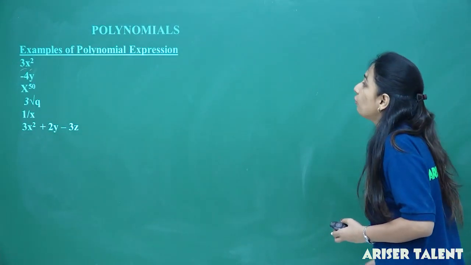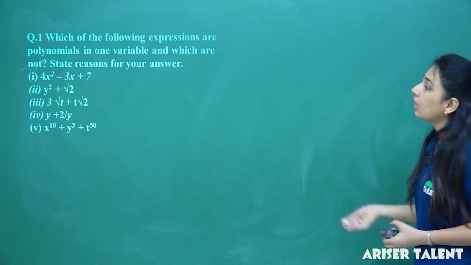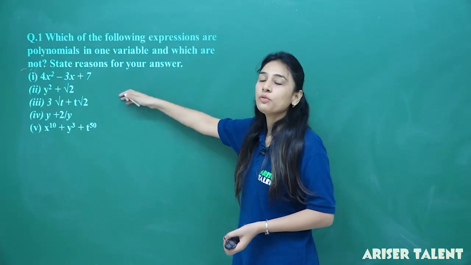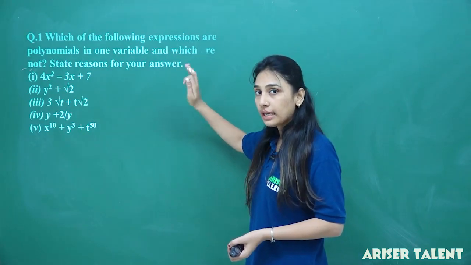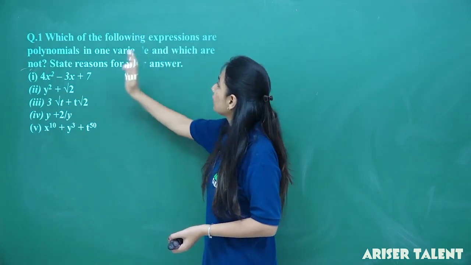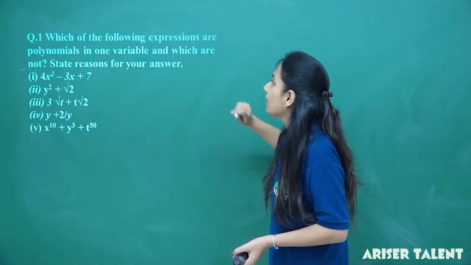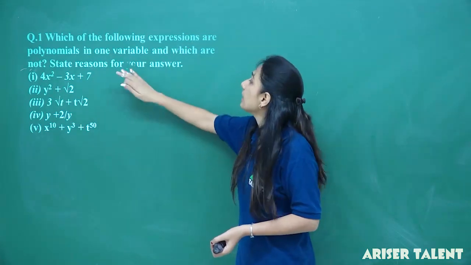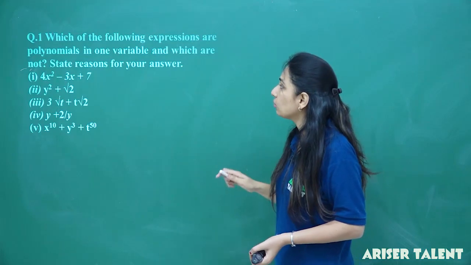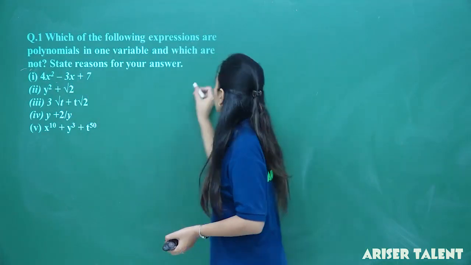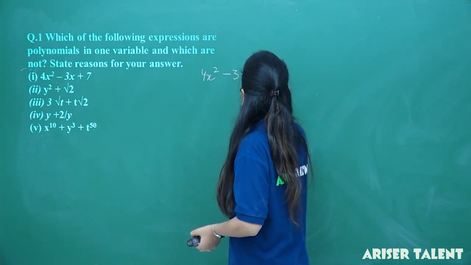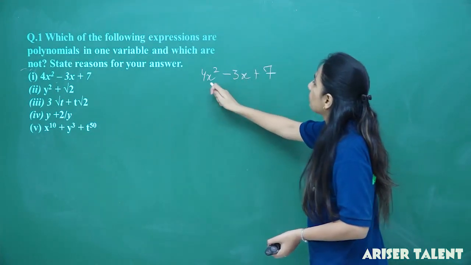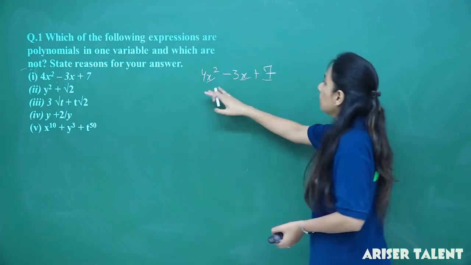Okay students, moving forward. Now you have done this question before in your class 9th. Which of the following expressions are polynomial in one variable and which are not? State reason for your answer. So look at this one. 4x square, 3x, 7. Okay, these are 3 terms.